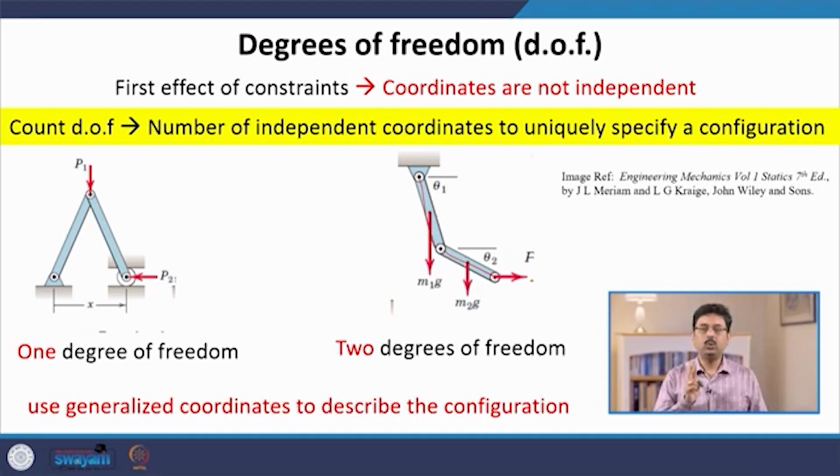That means there are 2 independent variables required to specify the configuration. Hence, it has 2 degrees of freedom, and one choice will be the angle that this rod makes with the horizontal direction and the angle that this rod makes with the horizontal direction.